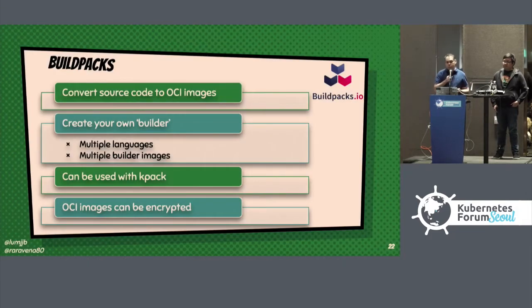Buildpacks is another tool, and this basically allows you to create OCI images directly from source code. It supports multiple languages, Java, Go, and others. It can be used with another open source tool called kpack from VMware, which is basically Buildpacks natively in Kubernetes. Then if you want to add extra security, you can encrypt the images because it builds OCI images.